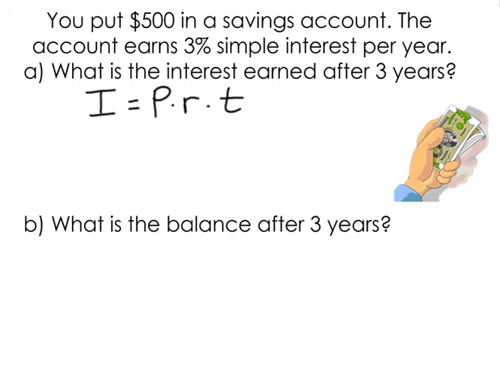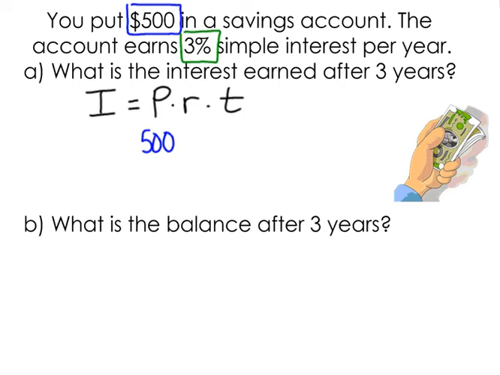Okay, once we have our equation, we're going to plug in the values we know. It says that you put $500 in your savings account, so that's going to be substituted in place of the principal. It tells you that your interest rate is 3%.